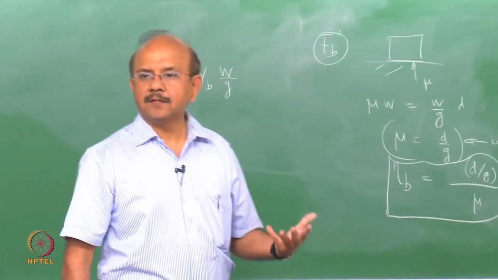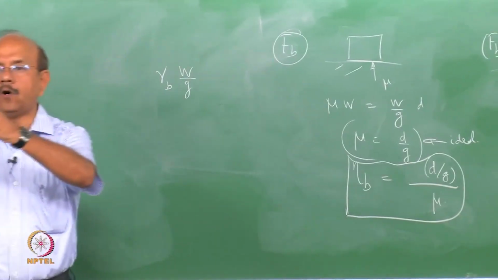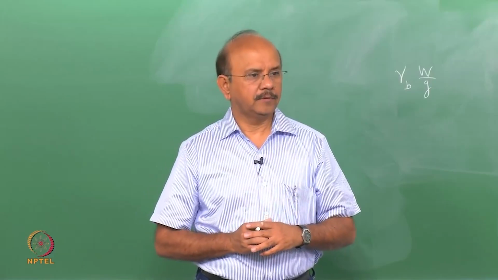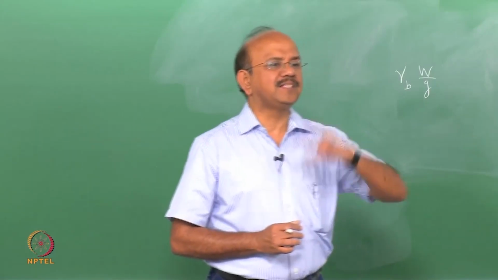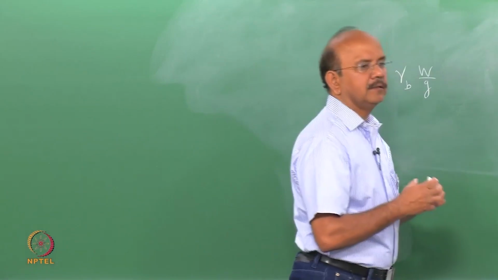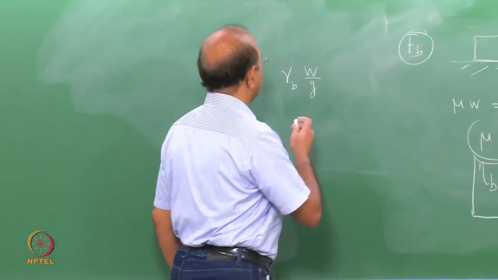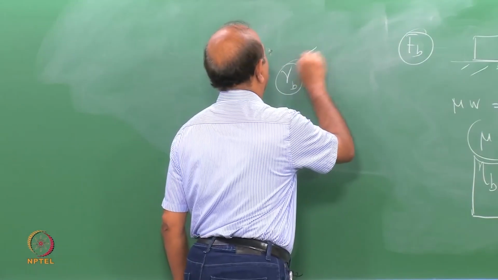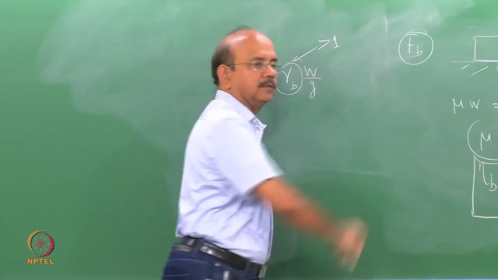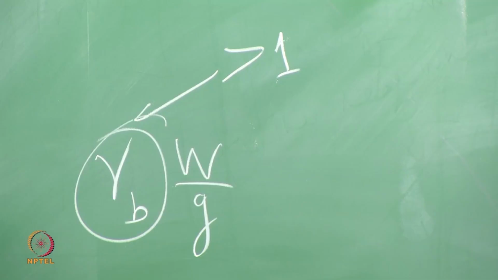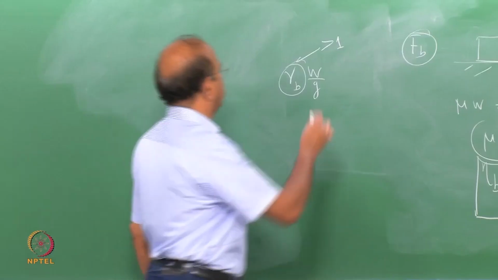So, in other words, since I need to accommodate all those parts which are rotating, I would say that this is as if I am braking a vehicle with a higher mass. So, gamma B is greater than 1, of course, and it is typically about 1.05.